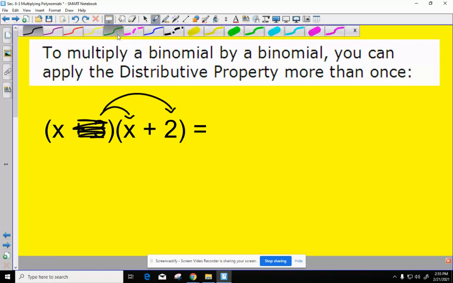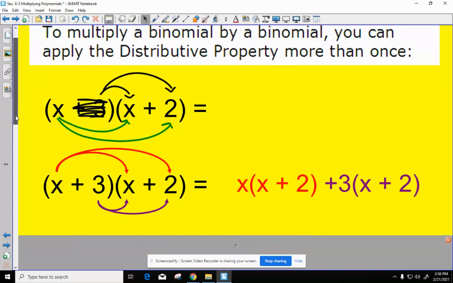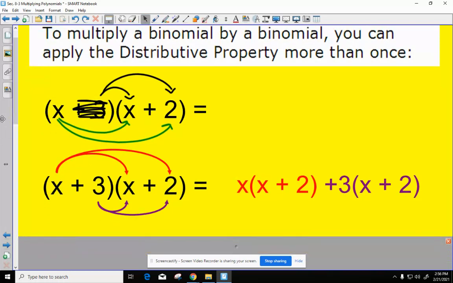Again, I don't think there's anybody in this room that couldn't do the x there and the x there, right? So if we kind of back this up a little bit, we get a picture, kind of looks something like that, okay? So when you multiply binomials together, you basically have to distribute twice, or what we call a double distribution, okay? And we could multiply those things together and we could get our answer, okay?